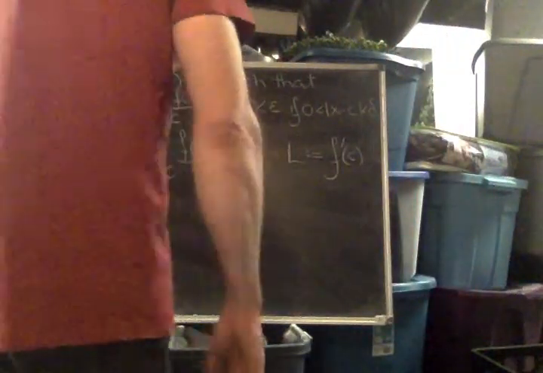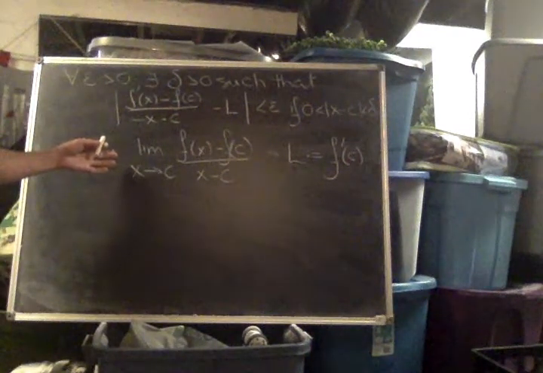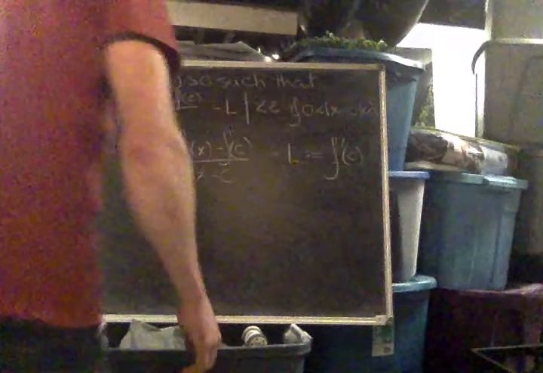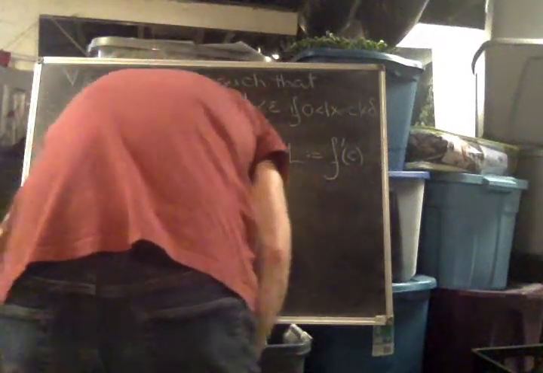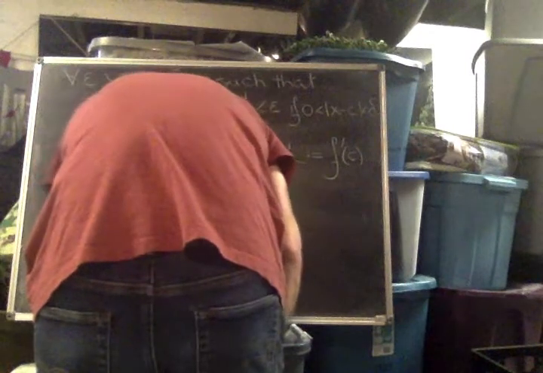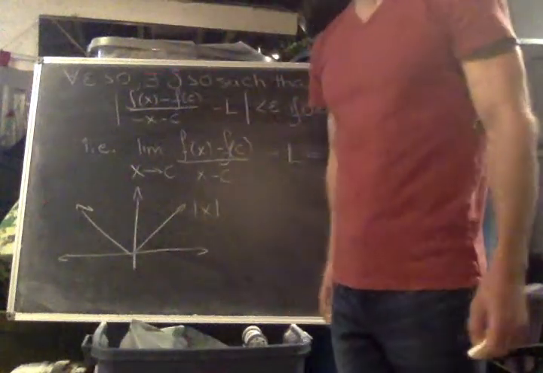Now, of course, this does not need to exist, right? It is perfectly possible to have even a continuous function which is not differentiable. I mean, the classic example is the absolute value function, right?